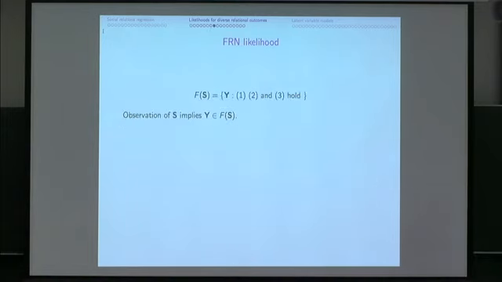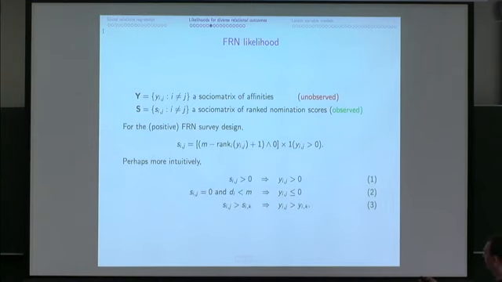Okay. All right. So how do we use these scores to do some estimation? So the idea is as follows. We have these observed scores, and let F of S be the set of all real valued matrices Y such that these three conditions hold.